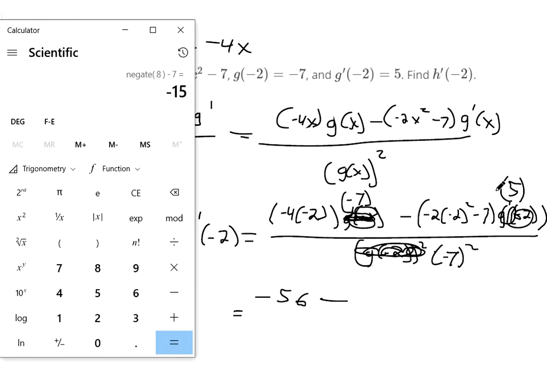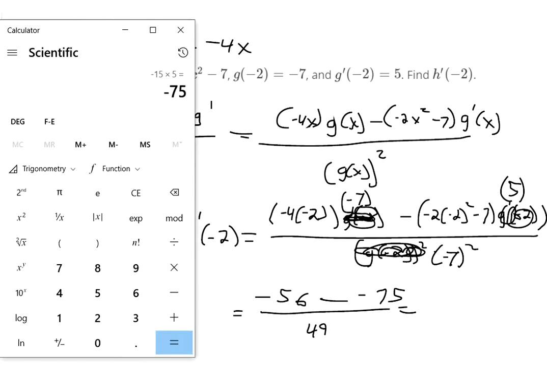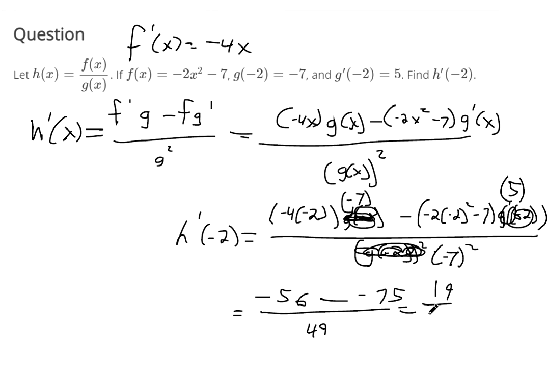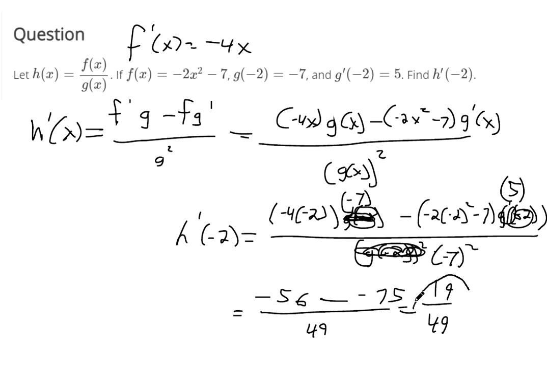Negative 15 times 5 makes negative 75. That's all over negative 7 that's being squared, so it makes 49. So we got 19 out of 49, and 19's prime, so looks like this is it right here.